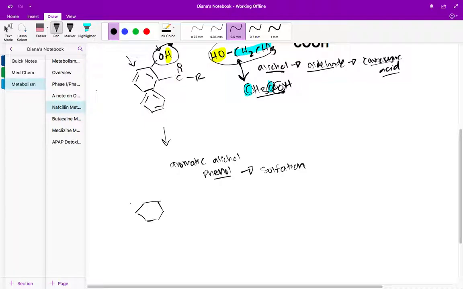I'm drawing the top part of the molecule again, O, and instead of the hydrogen, I'm going to have a sulfate group, OSO3 minus, and then the rest of the molecule is the same. I'm not being super picky with how I'm drawing this because I'm just showing that the OH got replaced with an SO3 minus, which is a phase 2 sulfation reaction.